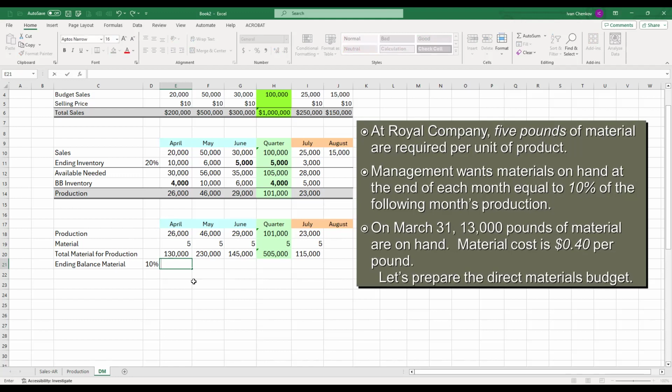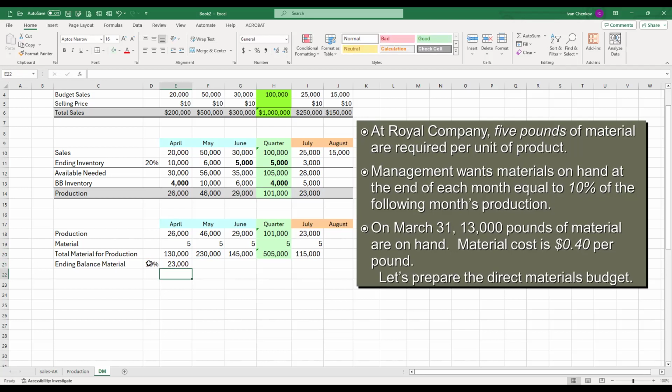Think about it. What they want at the end of April is to have 10% of the following month production. Which one is the following after April? May. I need to have 10% of May's production, which is 23,000. Wait, 13,000?